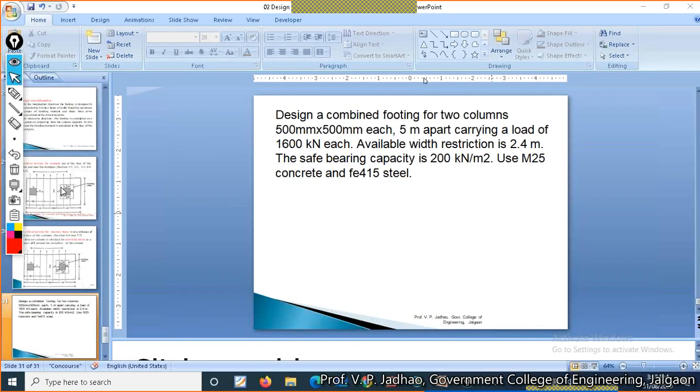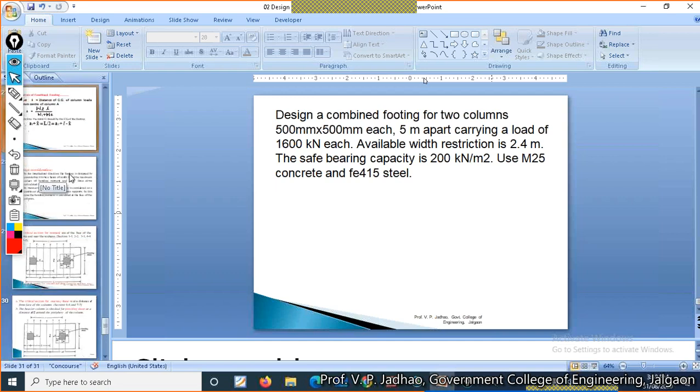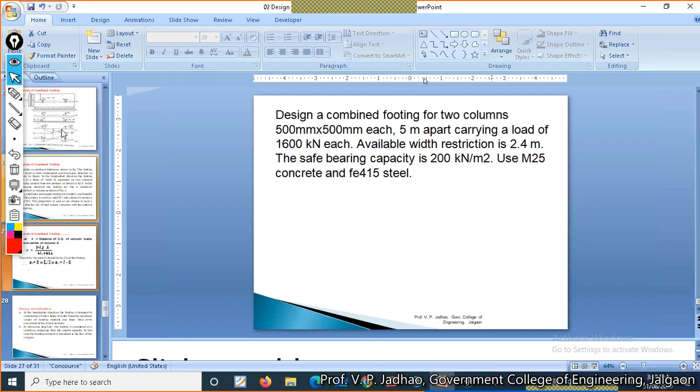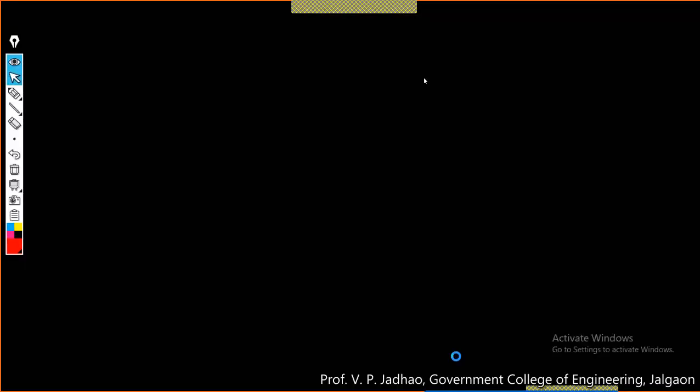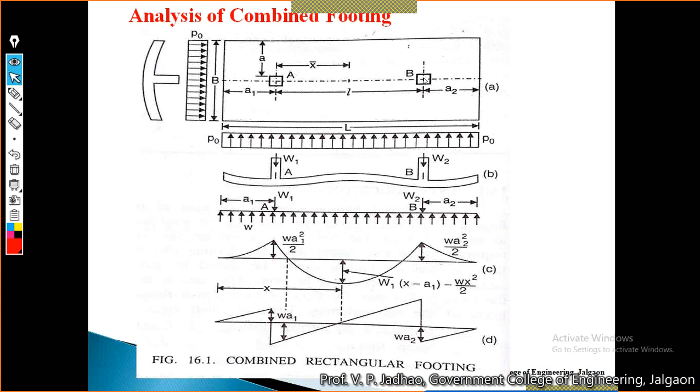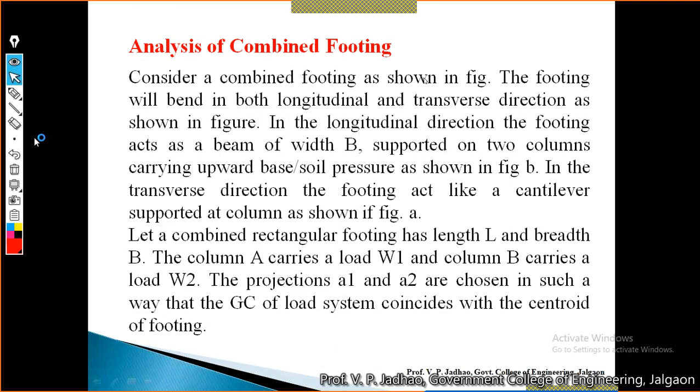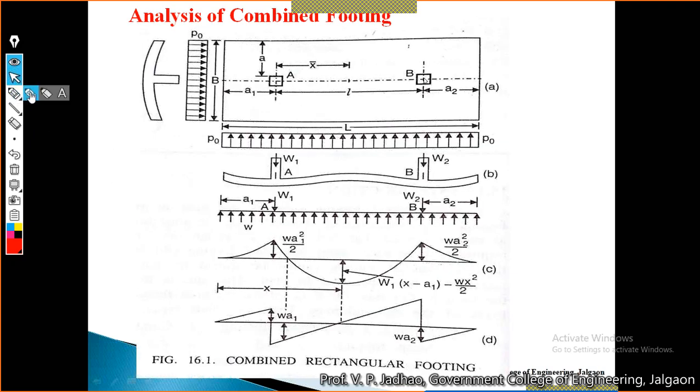Okay, earlier I told you how our load distribution is taking place. It came in this particular slide, how our load distribution is taking place. Okay. Now in longitudinal direction, we know that the pressure on footing. If you see the three-dimensional view, how will the footing be? The footing will be like this.